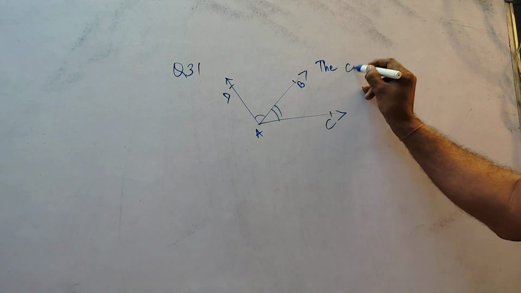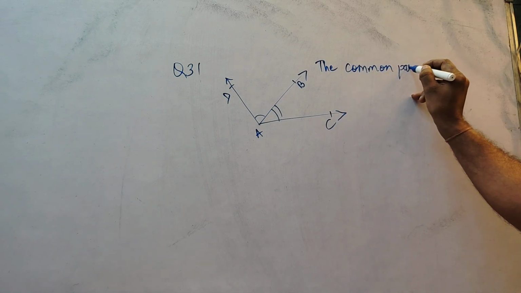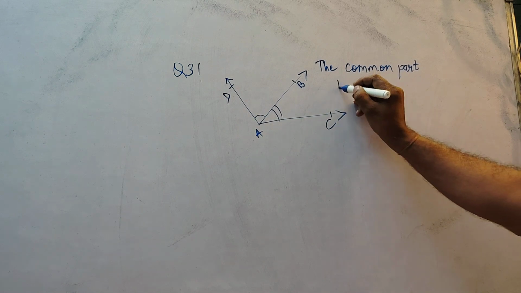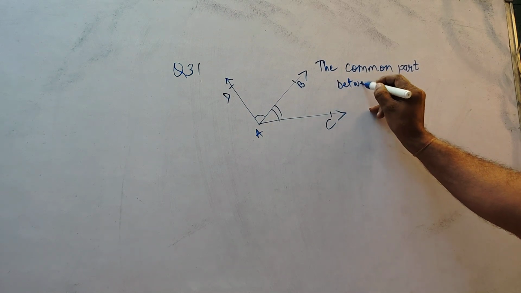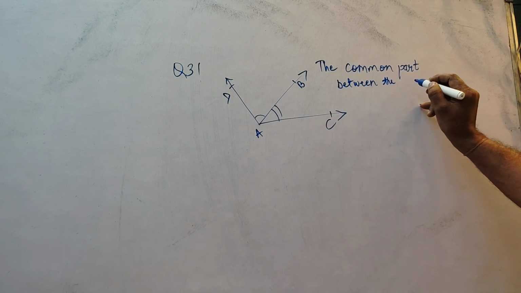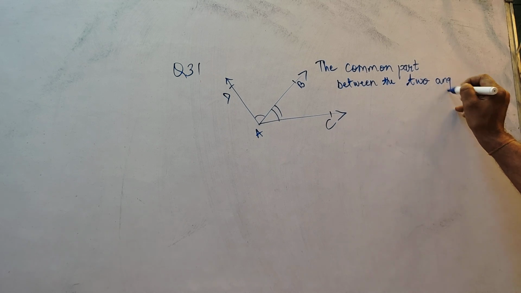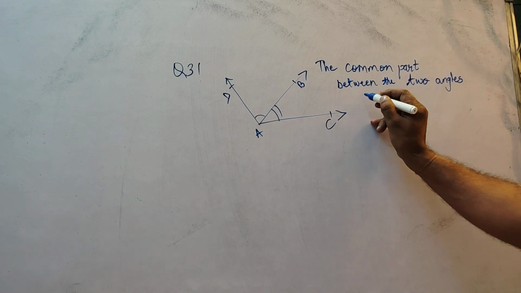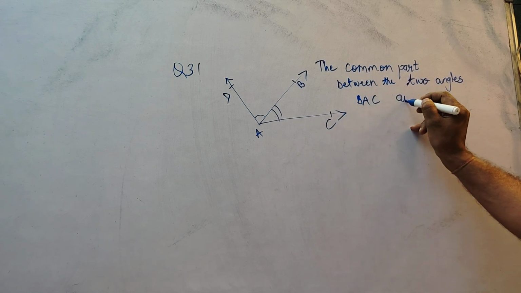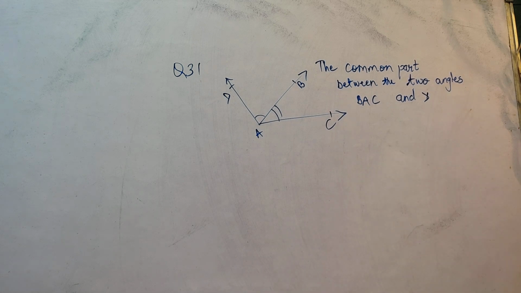We have to find the common part between the two angles BAC and DAB.